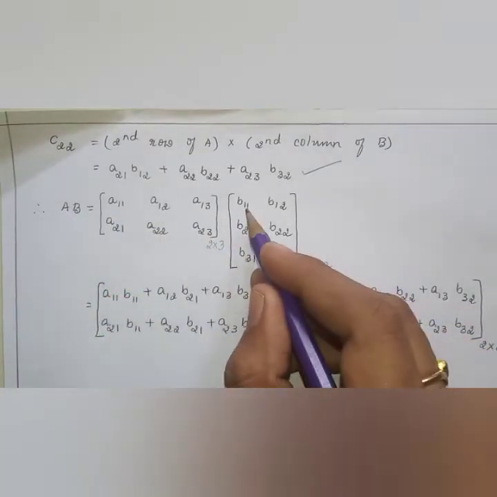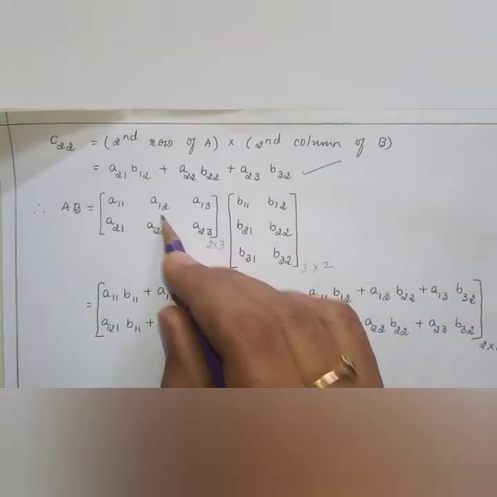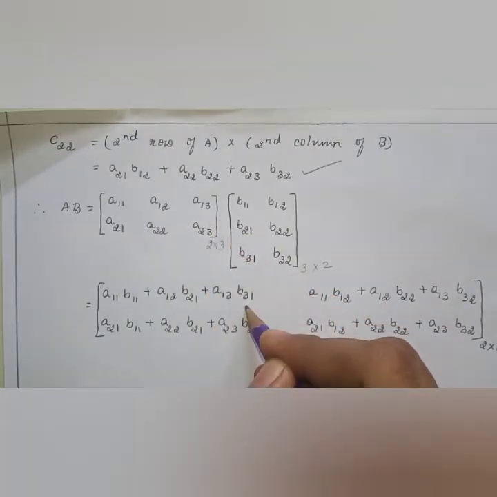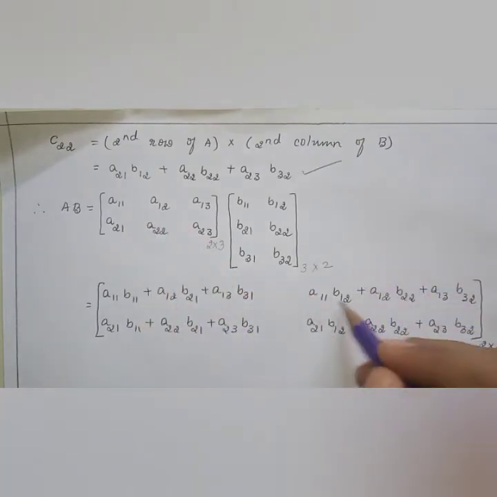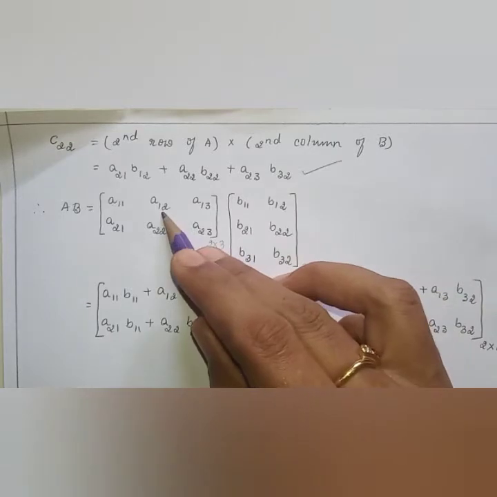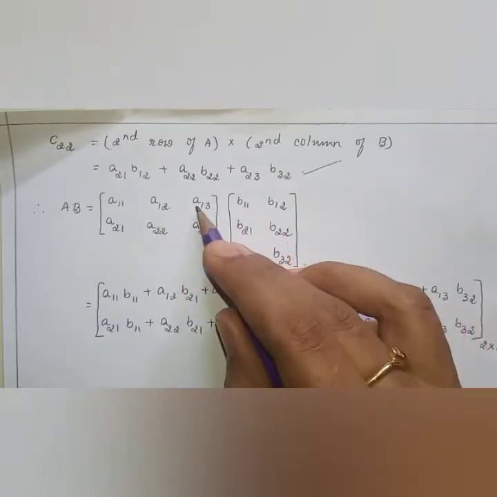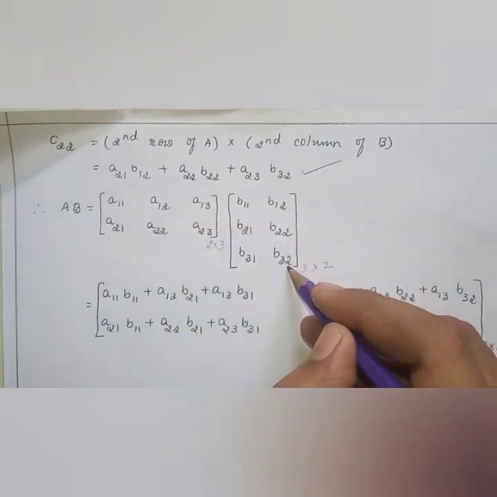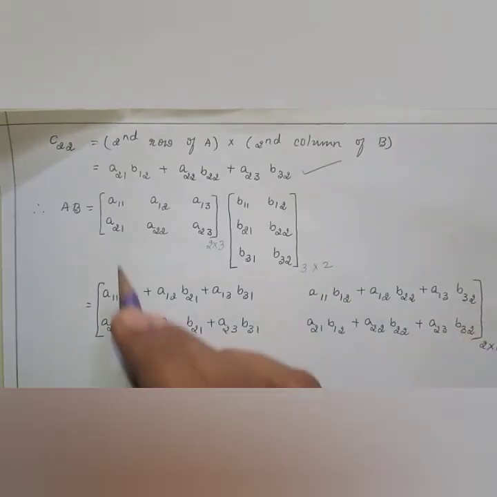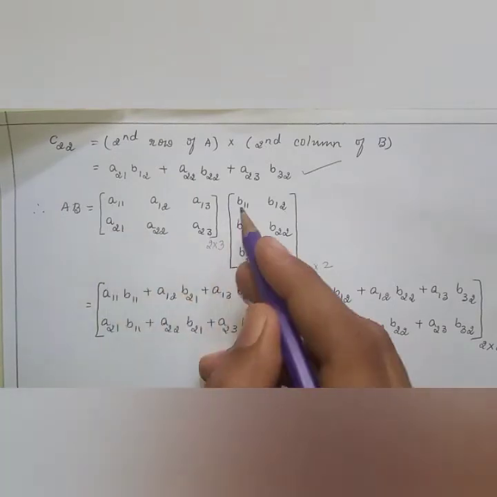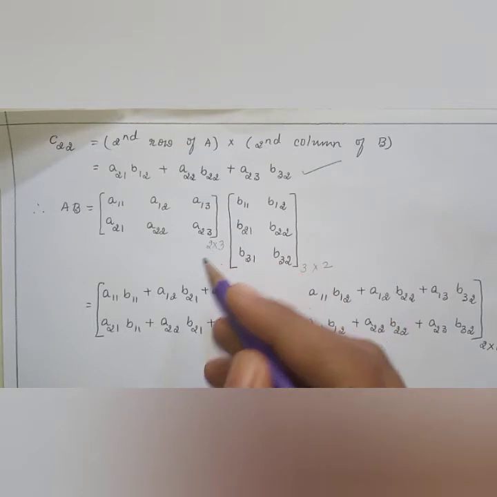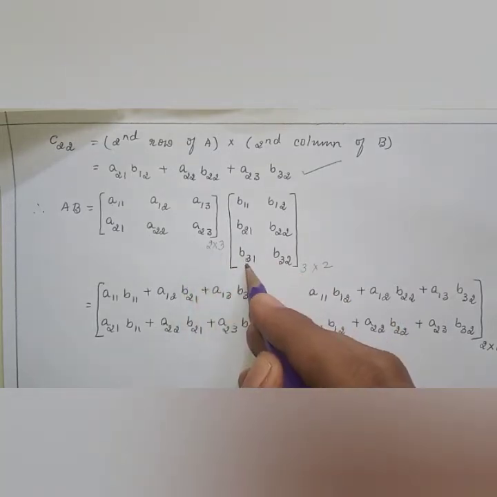So, A11 into B11 plus A12 into B21 plus A13 into B31. Next, first row second column: A11 into B12 plus A12 into B22 plus A13 into B32. This is the second row first column: A21 into B11 plus A22 into B21 plus A23 into B31.